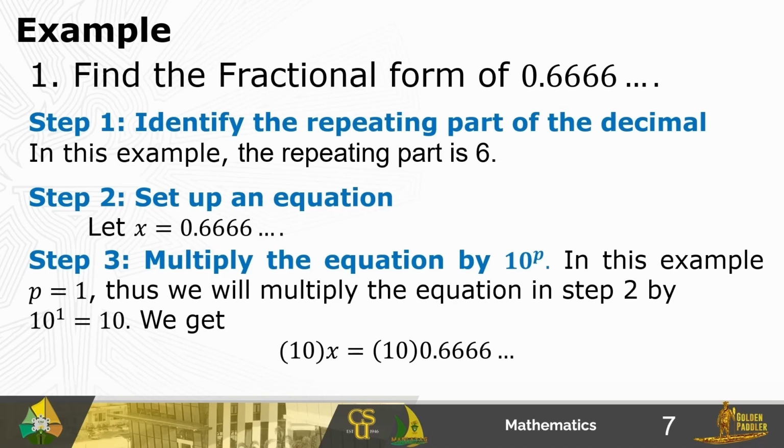So we have 10 times x is equal to 10 times 0.6666. 10 times x is just 10x, and 10 times 0.6666 moves the decimal point by one place, so we got 6.6666. The repeating block still exists after the decimal point.